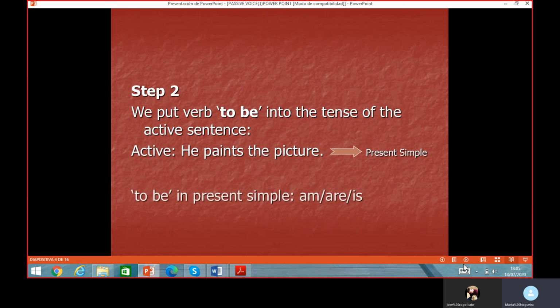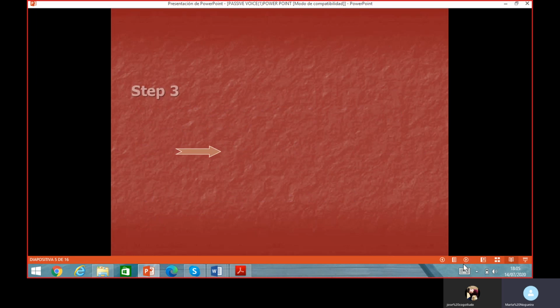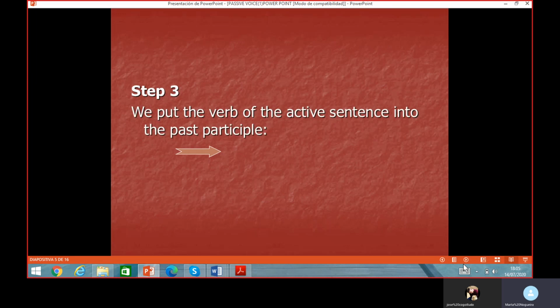So the possibility of to be in present simple is going to be am, are, or is. And the picture is, because you conjugate the verb to be. And then we need our step 3, which is adding the past participle. So third column, or -ed if it is regular: the picture is painted.